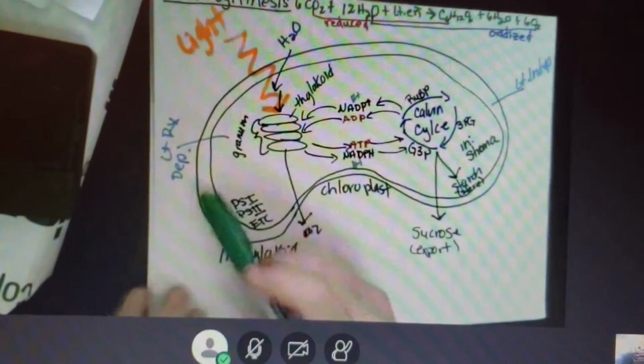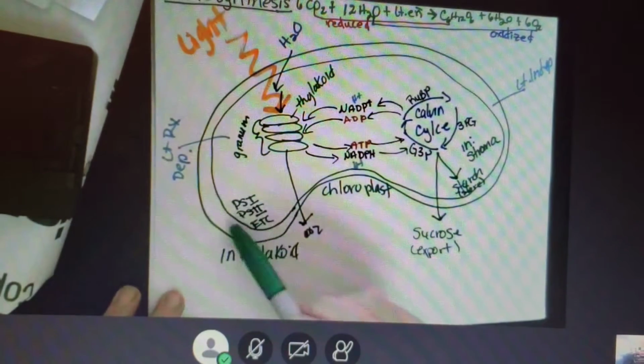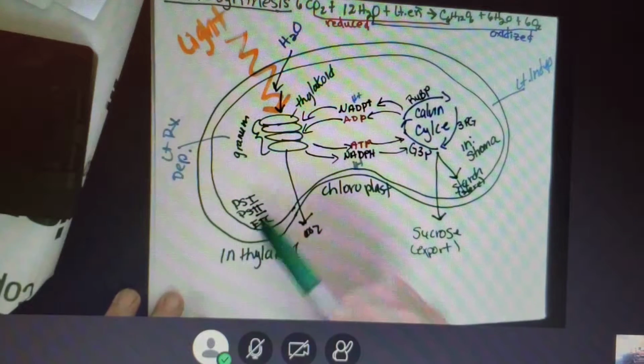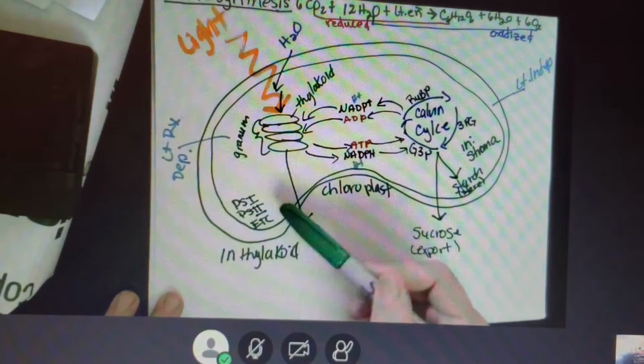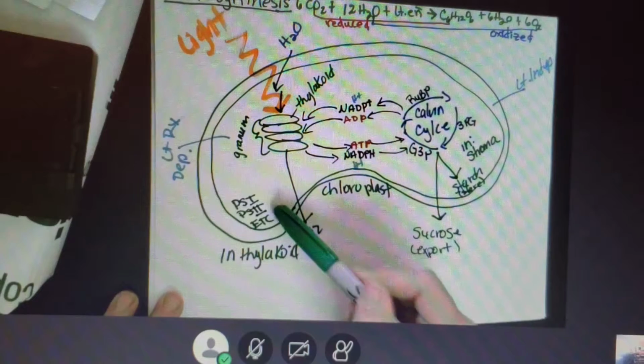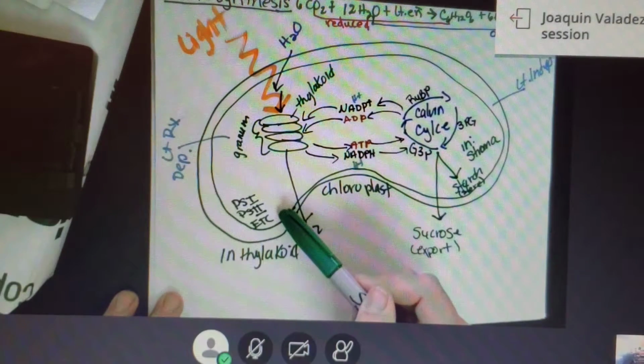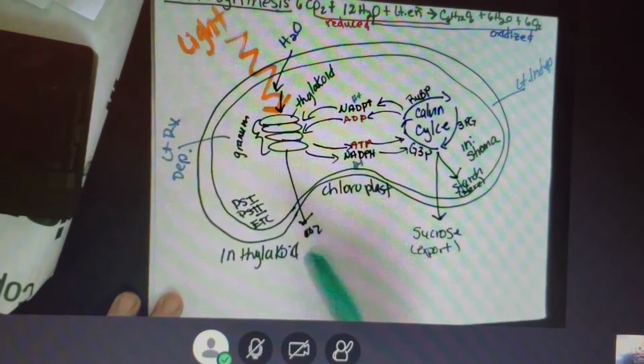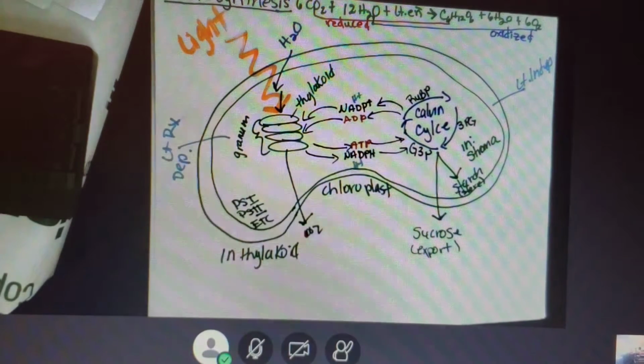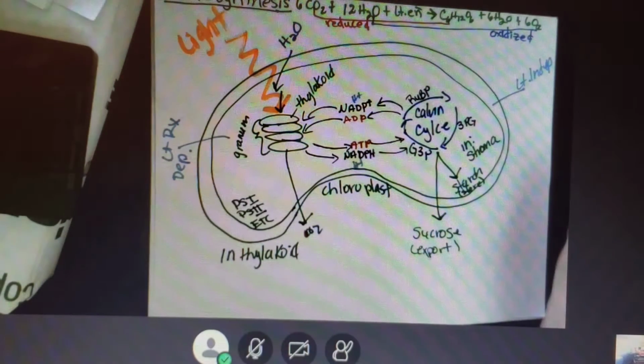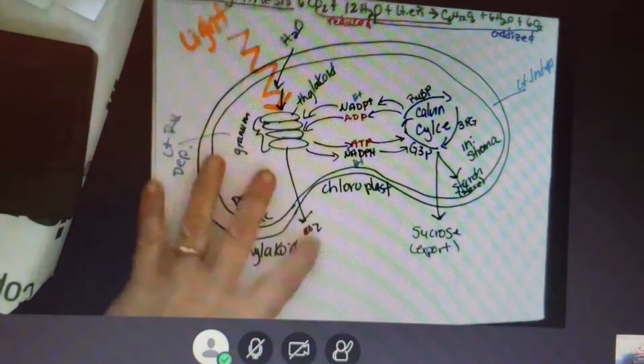Now, in the light reactions, we have three portions. We have photosystem 1, photosystem 2, and the electron transport chain. So we have an electron transport chain in both, all right? So photosynthesis, just like cellular respiration, has stages.